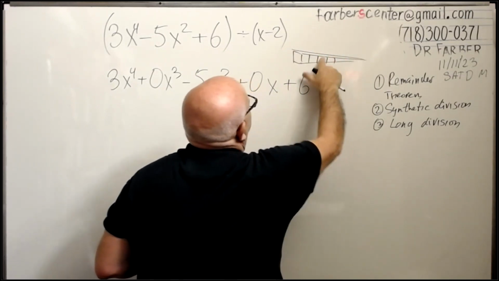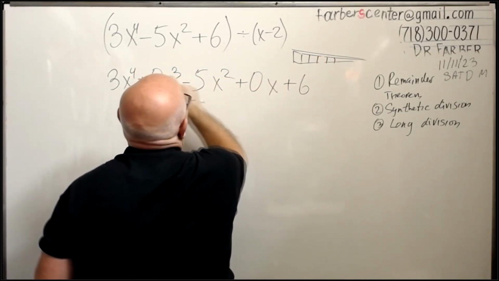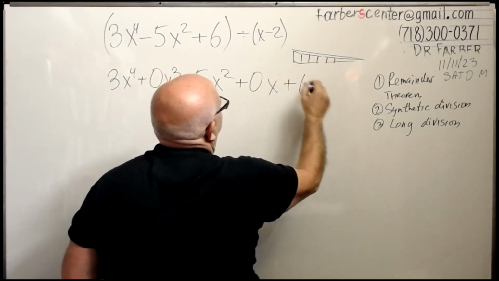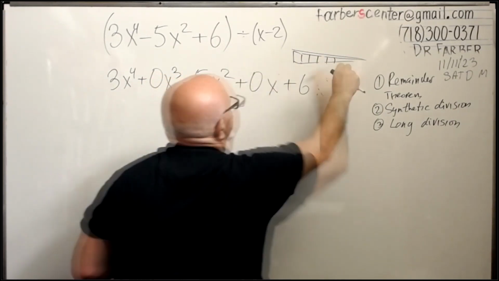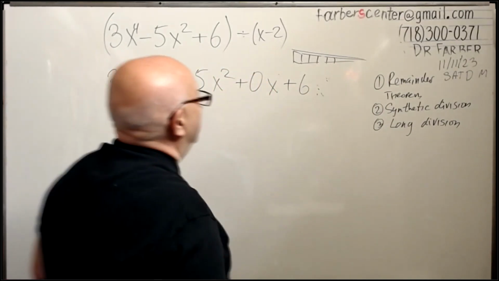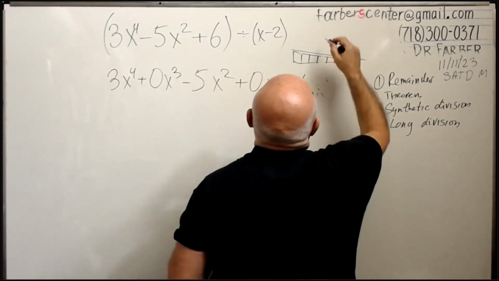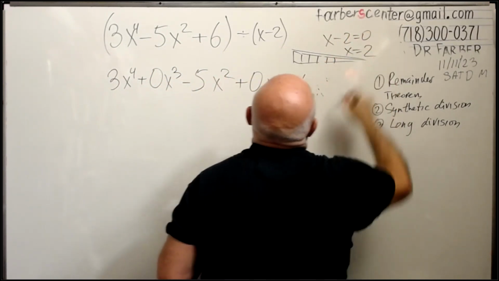There is no break in cars. So it's 4, 3, 4, 3, 2, 1. And here, imagine this is x to the power 0. It goes exactly like a train. When you did it like this, set up the divisor: x minus 2 equals 0, x equals 2.